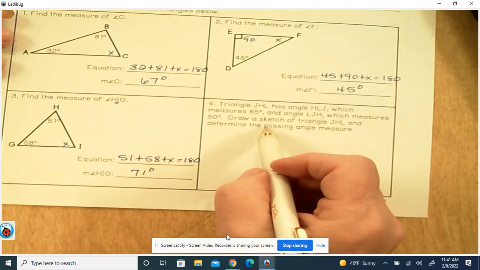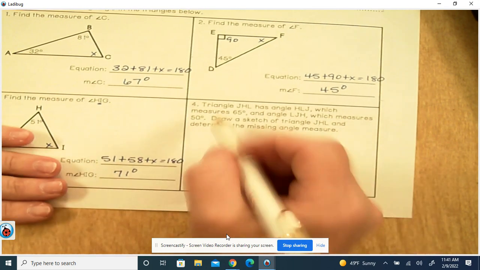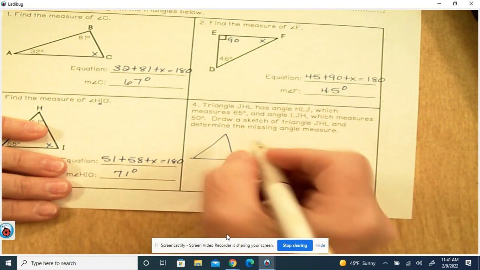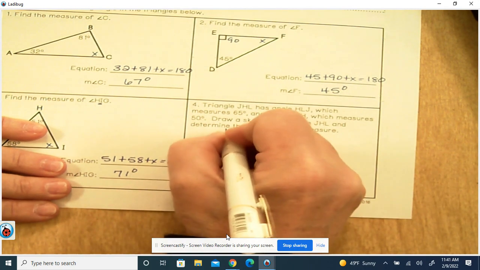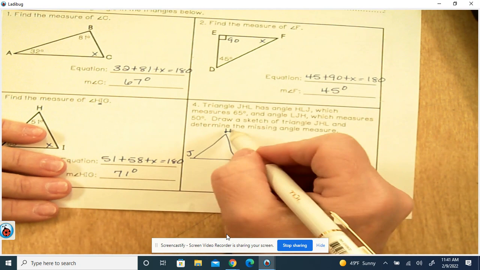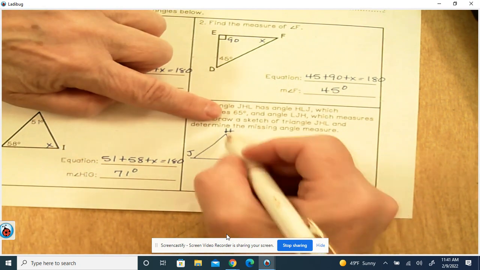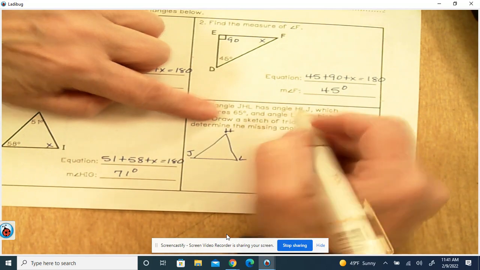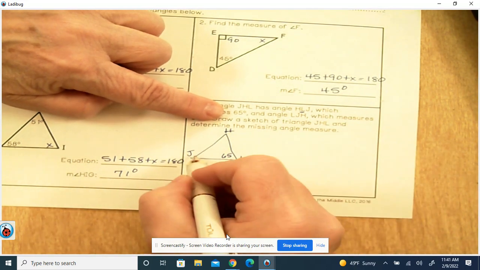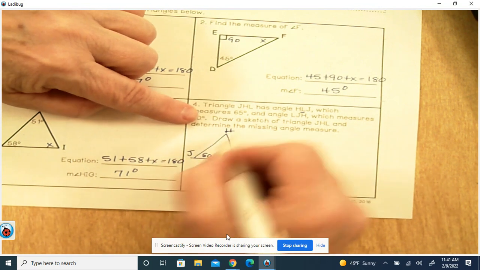All right, this is a sample of a problem that you might have on the EOG where you have to determine the missing angles. So if we got a triangle JHL, it has angle HLJ, which measures 65 degrees. HLJ, L's in the middle, so this one is going to be 65. Angle LJH measures 50 degrees.